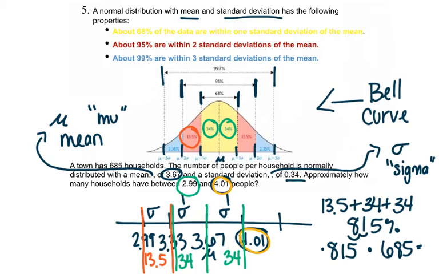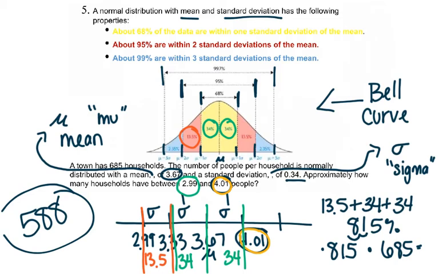So if I do 0.815 times 685, I get 558. So I would expect 558 people to fall between 2.99 and 4.01.